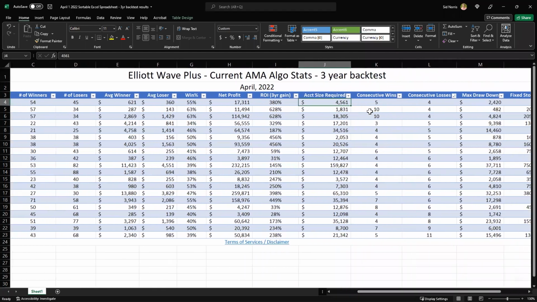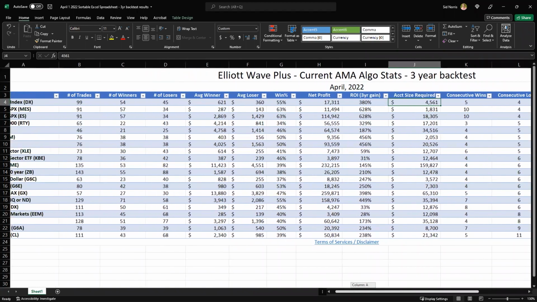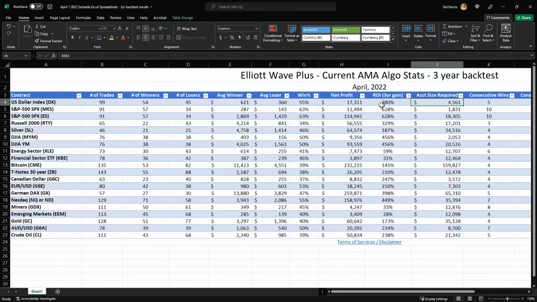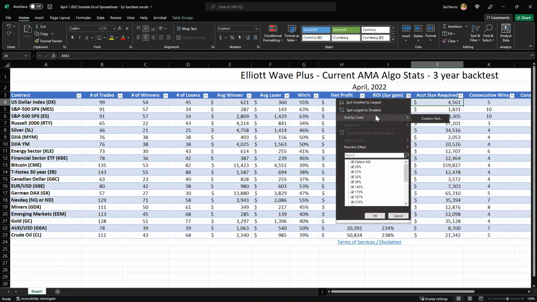And if you really look at the S&P, there was at least one time in the last 3 years where it put together 10 consecutive wins. So the S&P, the ES contract, the most popular trading instrument in the world, was in fact the winner. And in recent years, it's almost always either the ES contract or the Dow Jones Industrial Average.